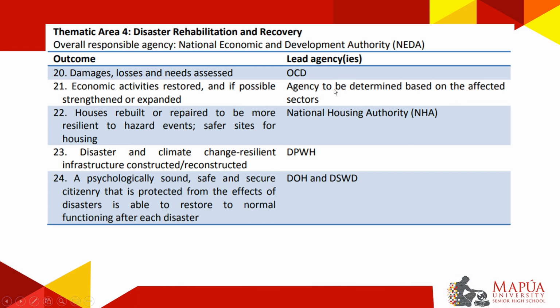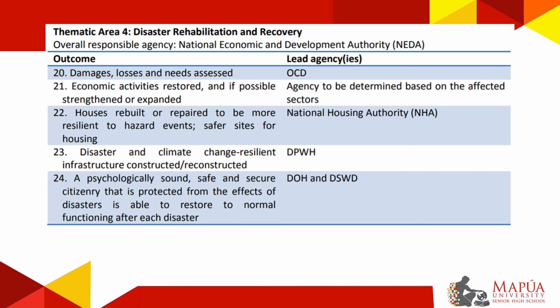The rebuilding of homes, houses, and even the repair for a more resilient type of housing, that is done by the National Housing Authority, or the NHA. For disaster and climate change resilient infrastructure, that is done by the Department of Public Works and Highways. And lastly, for a psychologically sound, safe, and secure citizenry protected from the effects of a disaster, that is done by DOH and DSWD.